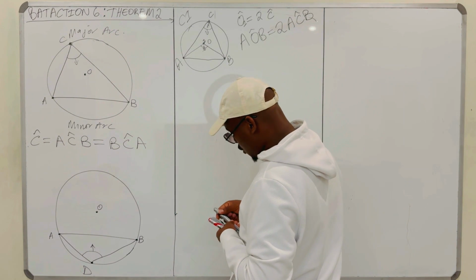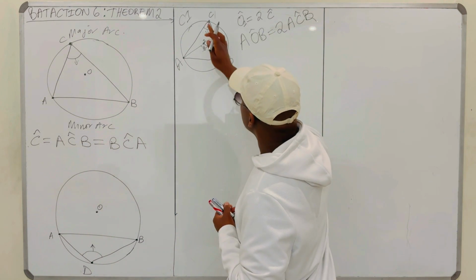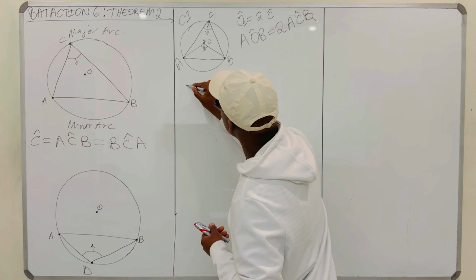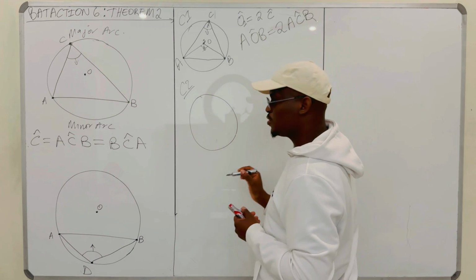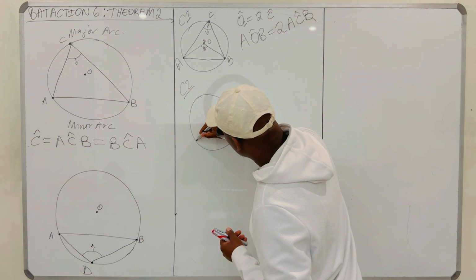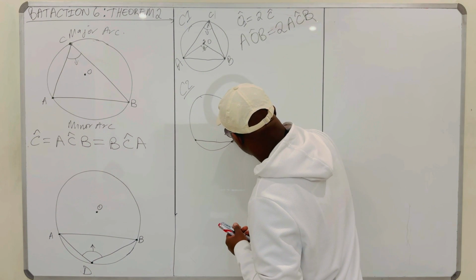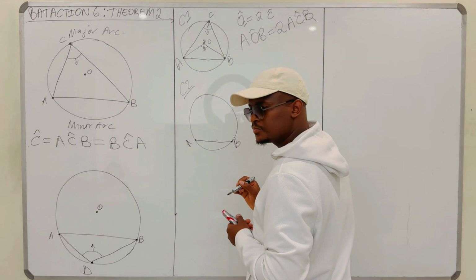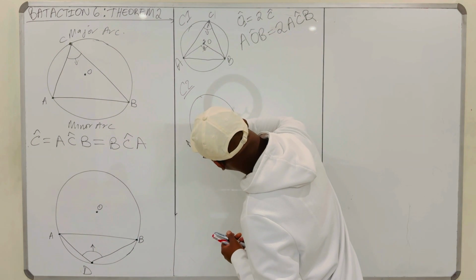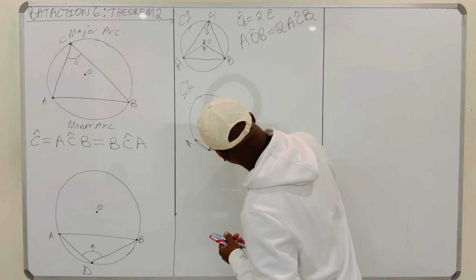Now, I'll draw case number 2. Can you guys see? So here's your A, here's your B. Let's say now they subtend an angle here, down here.